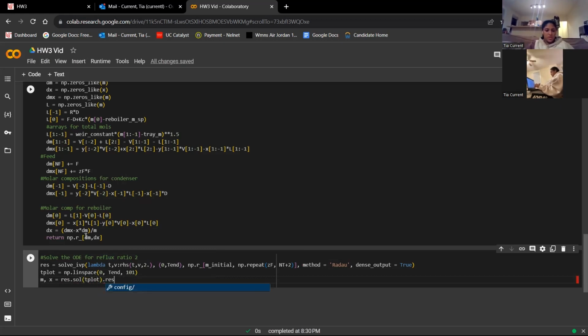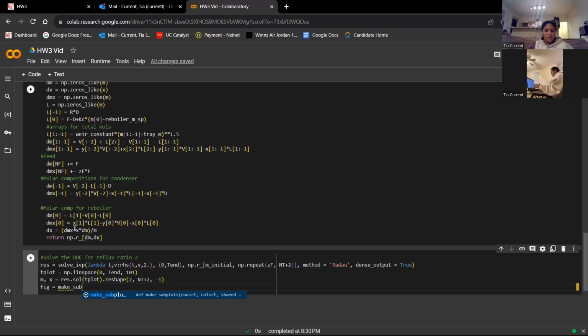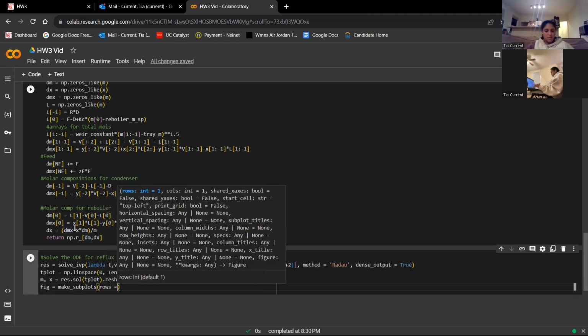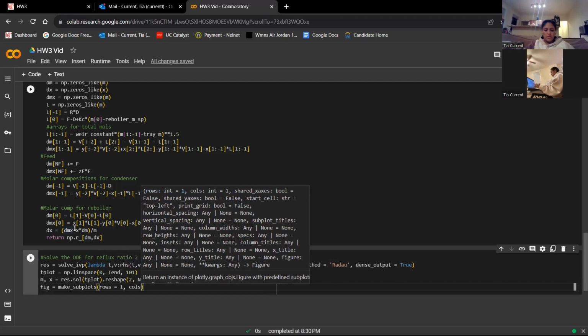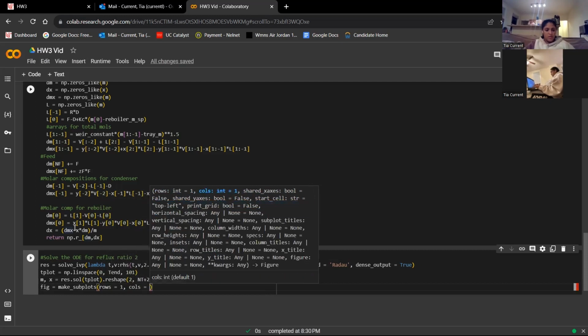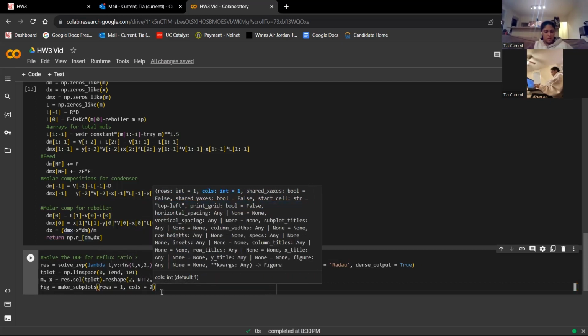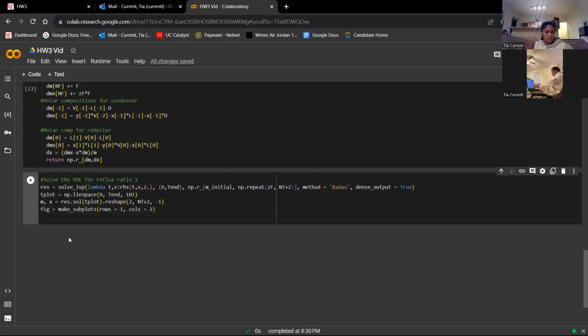But we shape 2 in t plus 2 -1 and then fig equals make underscore subplots 2 1 calls 1 calls equals 2 and then press enter.